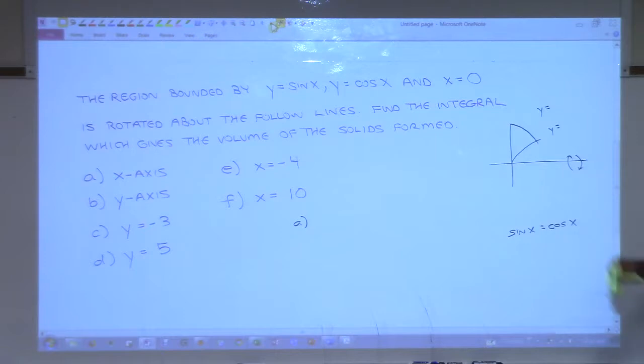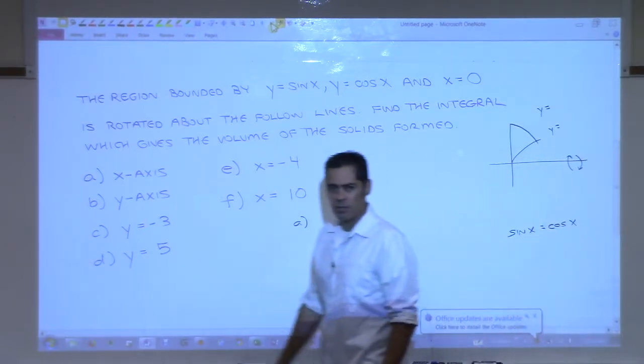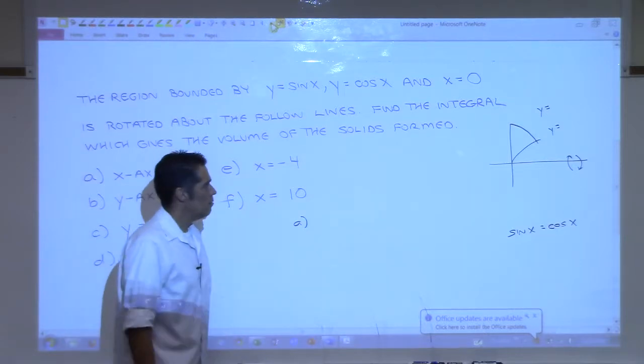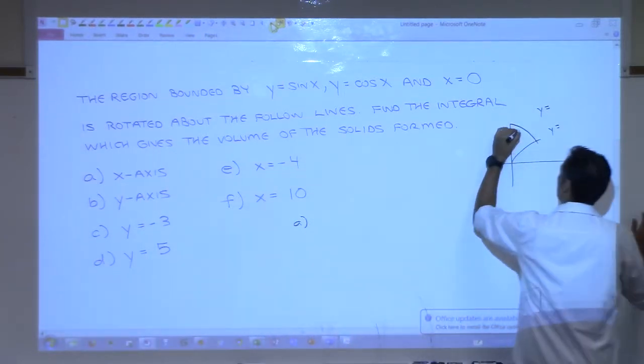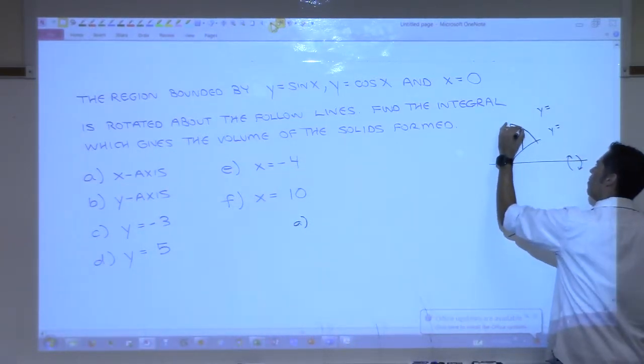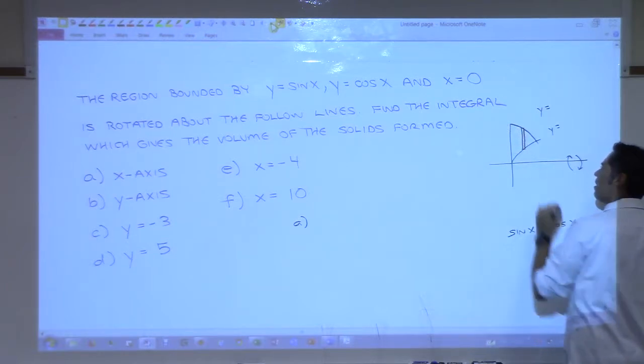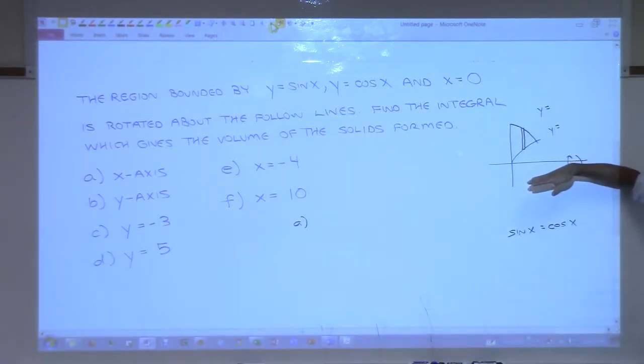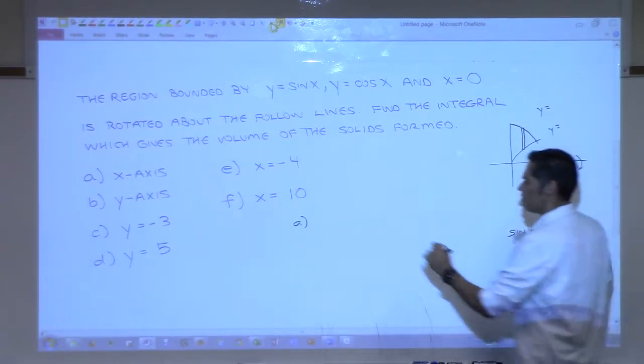If we want to go around the x-axis, which method are we going to use? Washers or disks. When our rectangle is perpendicular to our axis of rotation, we use washers. So for part A, I'm going to use washers.